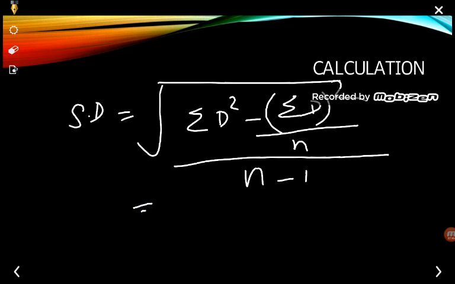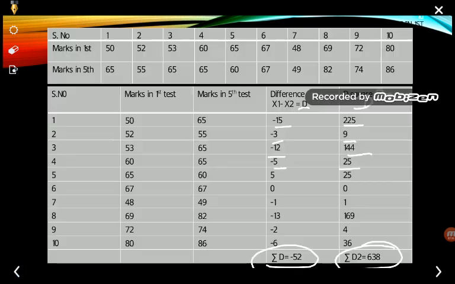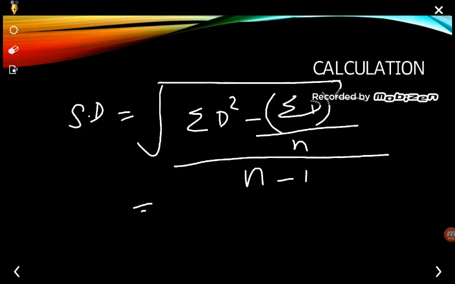So we know that summation of d square, here this one, is equal to 638. So we are going to write it inside the formula, that is 638 minus summation of d square.